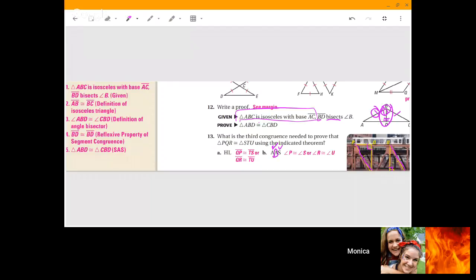So we need to show the other angle. So the other two angles is either going to be that angle P and angle S are congruent, or that angle R and angle U are congruent, okay, for it to be angle, angle, side. Does that make sense too? Okay, good.